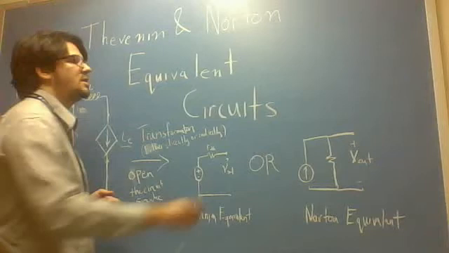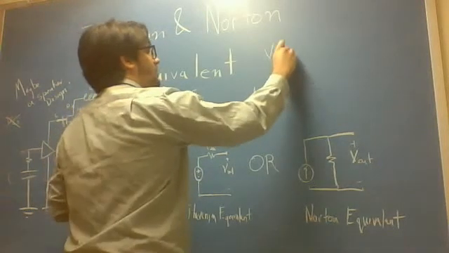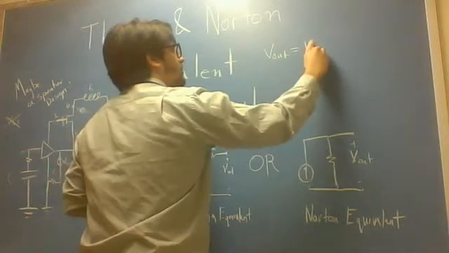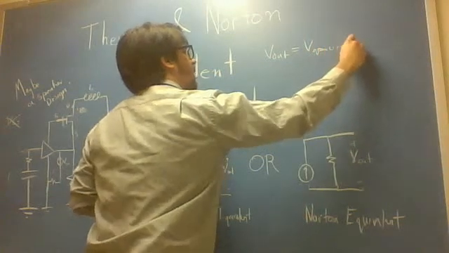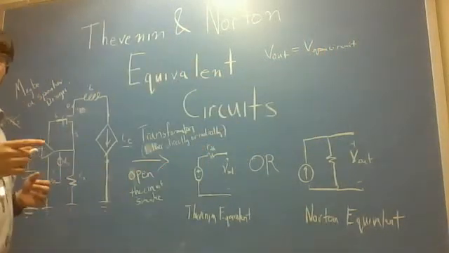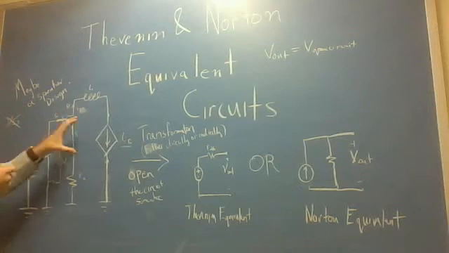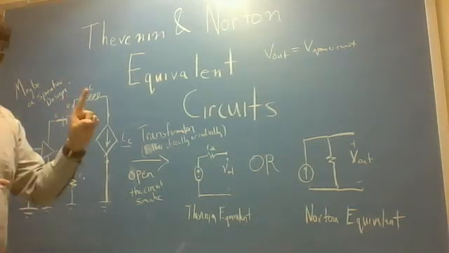So in other words, V out would be the open circuit voltage.